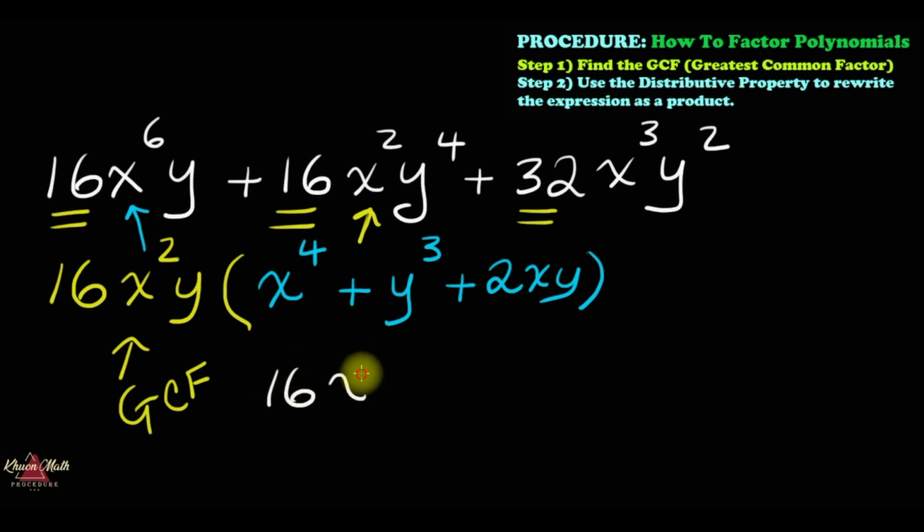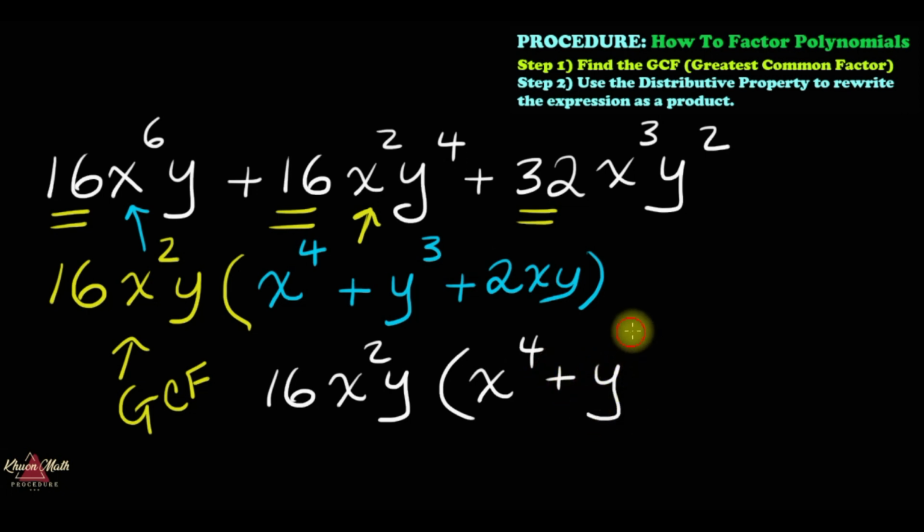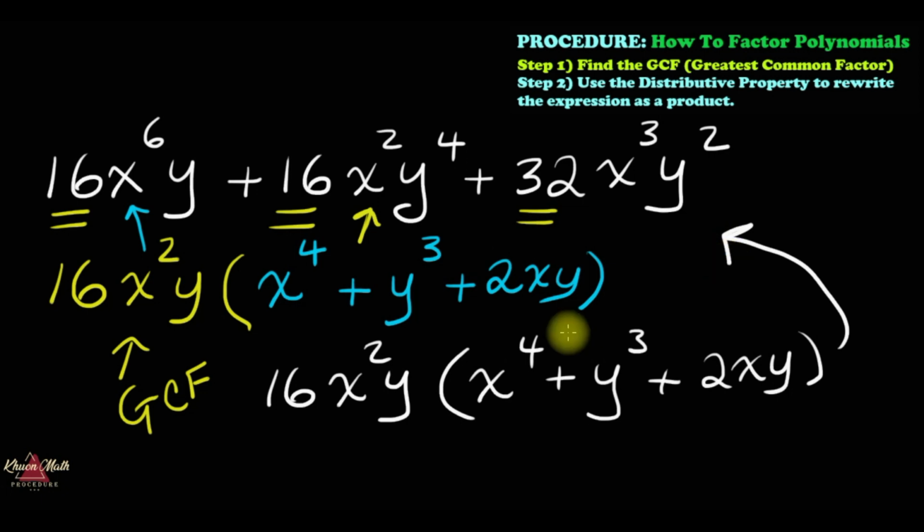That's your greatest common factor. And then if you take that times x to the 4th plus y cubed plus 2xy, you get back the original polynomial.